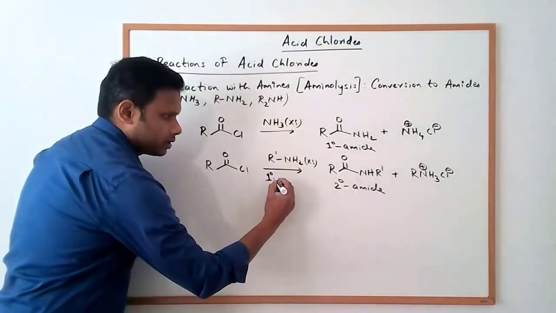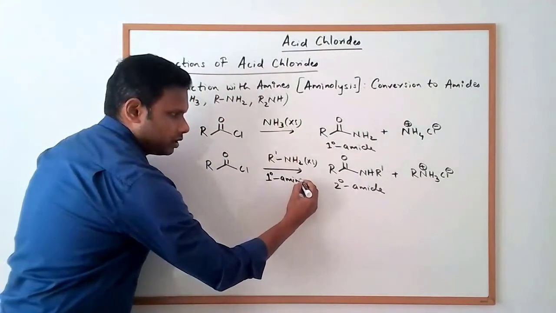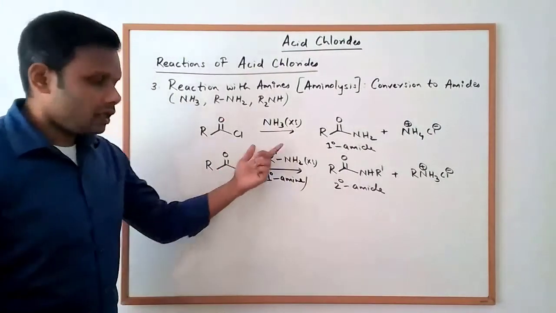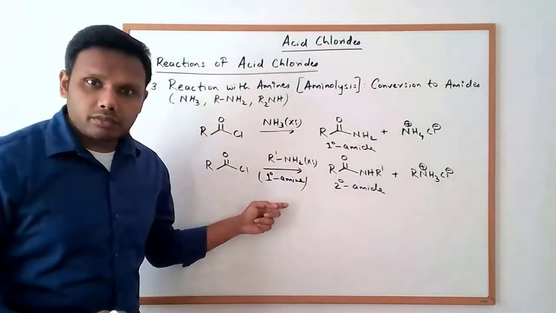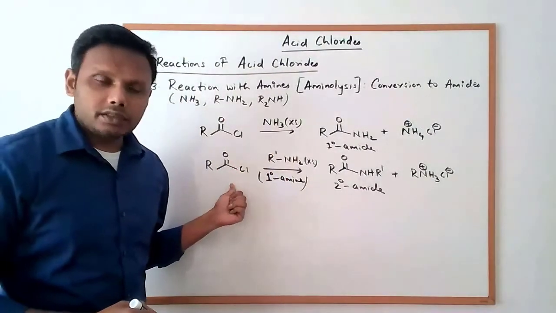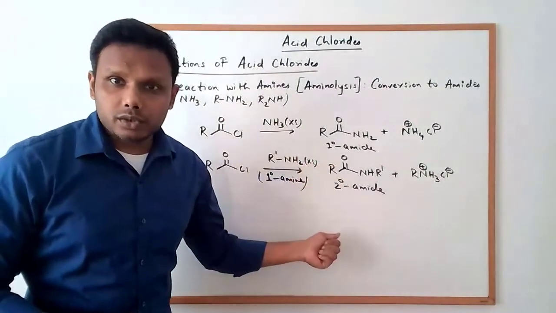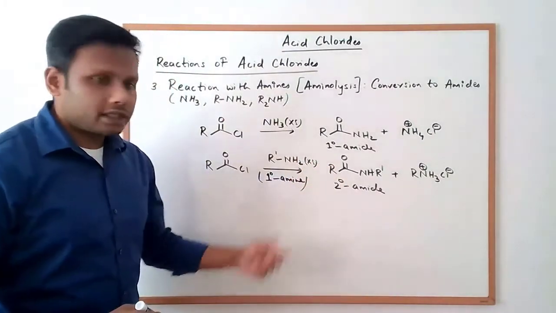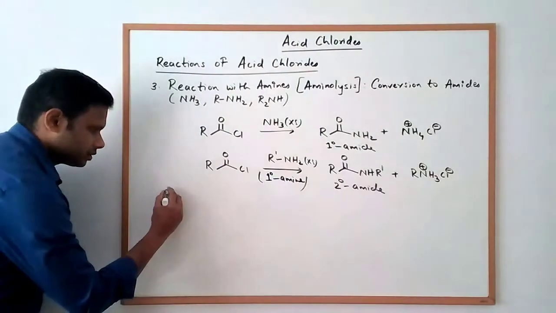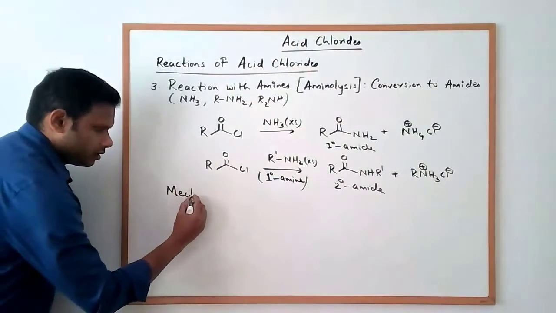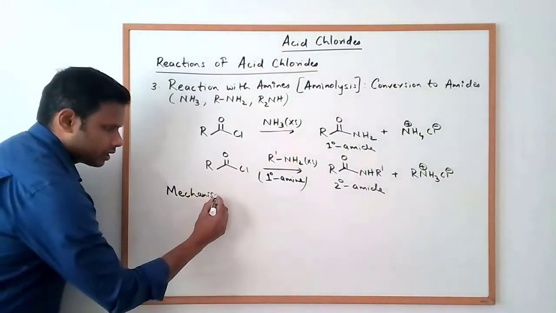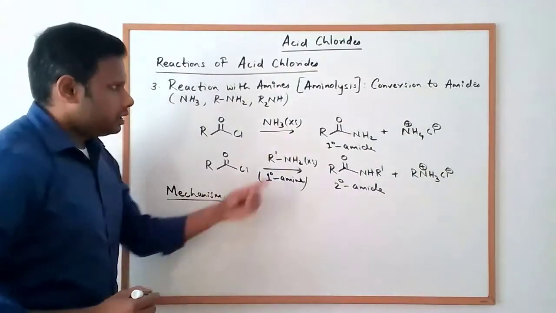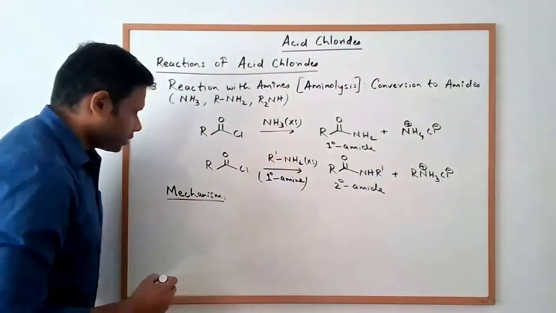So we are reacting with primary amine. And similarly, secondary amines, when they react with acid chlorides, they will give us a tertiary amide. So that's the reaction. Now let's look at the mechanism here. And there we would be able to understand why we need the excess of the amine reagent.